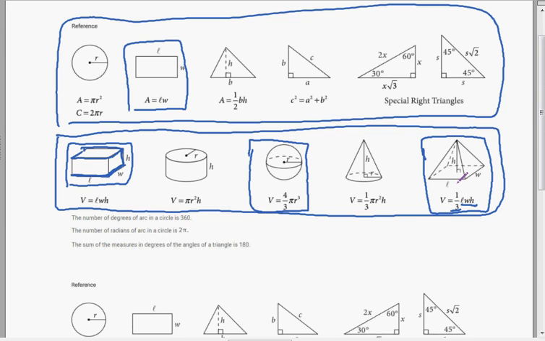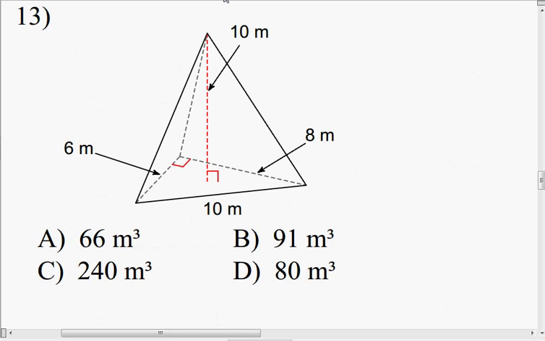And the volume of the prism was the area of the face times the height. So for my triangular pyramid, I look at the area of the triangle. I have my triangle here.